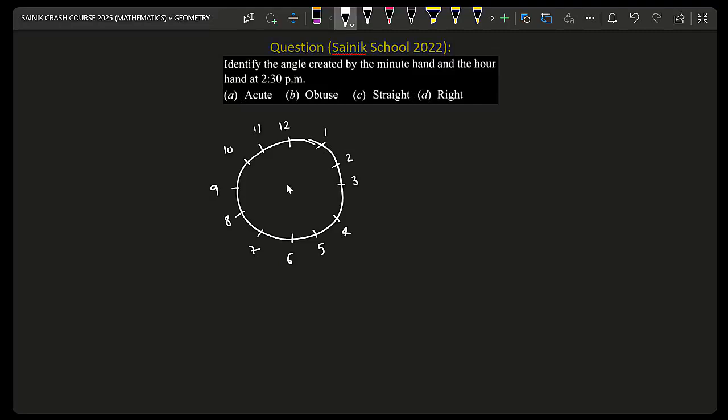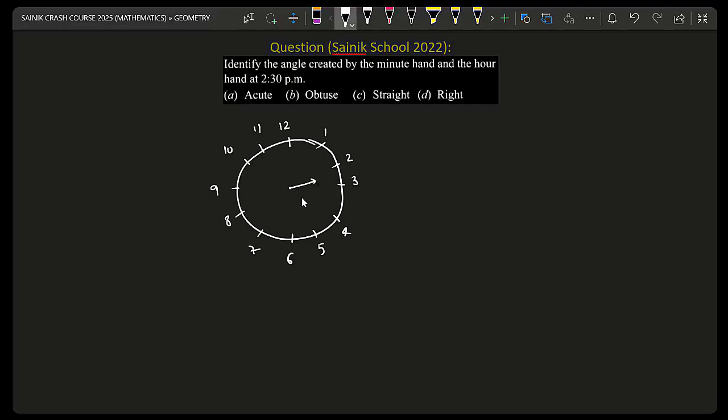Sir, 2. Wrong answer. Sir, between 2 and 3. Yes, exactly halfway between 2 and 3. At exactly 2 o'clock, the hour hand shows 2. But after that, it keeps moving a little, not as fast as the minute hand, but 60 times slower. So at 2:30, it shows exactly between 2 and 3.